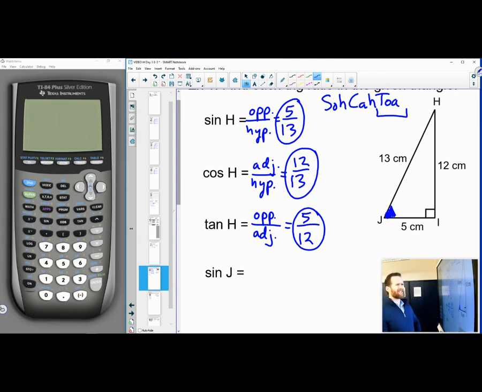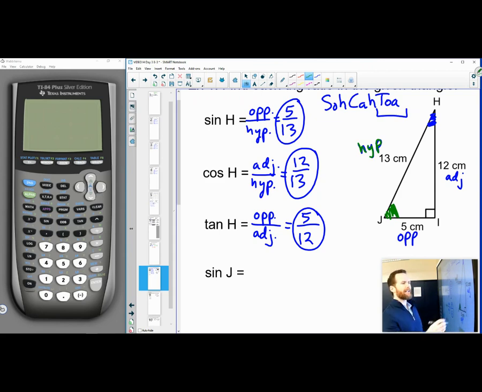Now, let's think about it. Is any of that going to change? I mean, the hypotenuse, that's still going to be the hypotenuse. So let's actually go back and label. When we were on H, 13 was the hypotenuse, and 5 was opposite, and 12 was the adjacent. But if we change, and let me do this in a different color, if we change to angle J, this is still the hypotenuse because it's still across from 90 degrees.